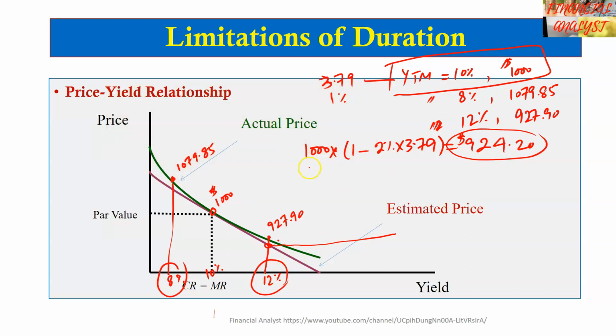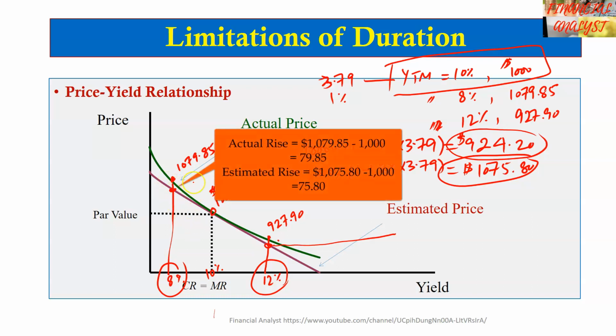If interest rates drop by 2%, duration estimates that the price of the bond will be 1 plus 2% multiplied by 3.79, and multiplying this by 1000 gives us the new price of the bond equal to 1075.80. Hence, this is somewhere here, and this is suggesting that duration is underestimating the rise in the price of the bond if interest rates fall.